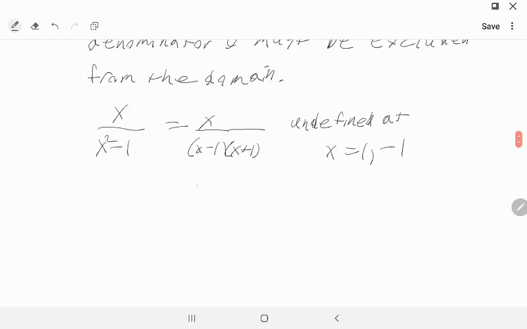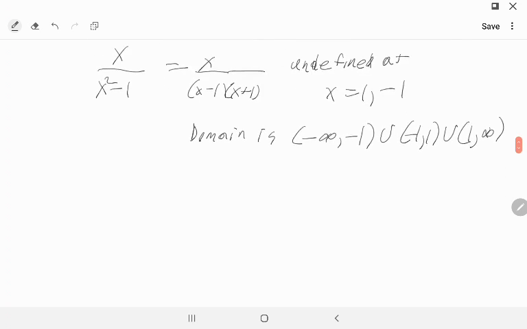And so if we wanted to, we could say the domain is negative infinity up to negative 1, union with negative 1 to 1, union with 1 off to infinity. So anything except negative 1 or 1.